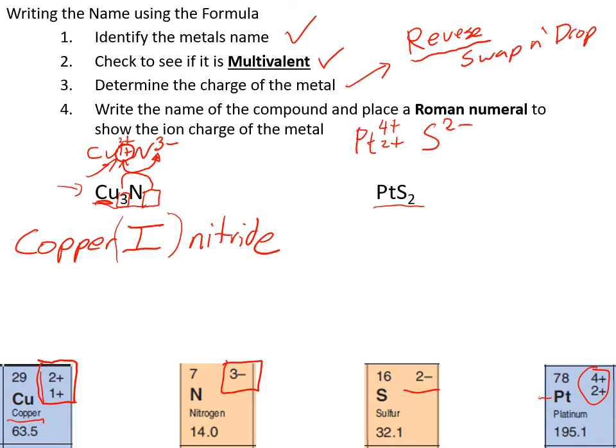Okay, now we're going to do the reverse swap and drop. Now this one's going to be a little tricky. So we go from here, and now this starts as a 1 and it goes and becomes a 2. So along this way, it had to get multiplied by 2. Because it starts off as a 1 right here, because if it's nothing there, then that means it's a 1.